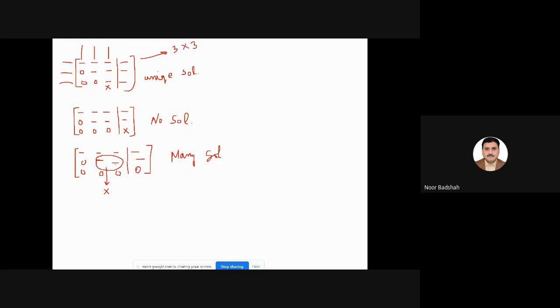But if both are 0 and this one is non-zero, if that's the case, then anything, anything, and then we go to anything. We are having 0 here, we are having 0 here, we are having 0 here, but here no 0, whereas the last row is already 0. In that case, again we say no solution.